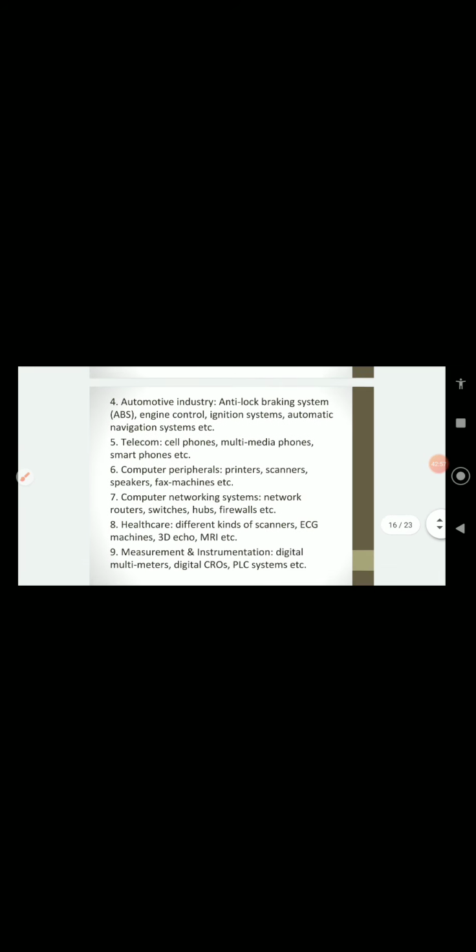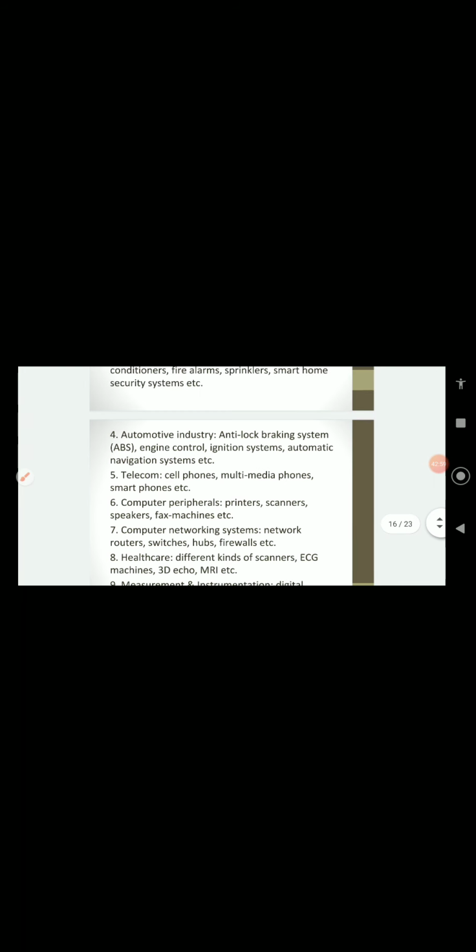Now the fourth one is the automotive industry. Many of you may have heard that the ABS, the anti-lock braking system, is deployed in your cars or vehicles. Also engine control, ignition system and automatic navigation systems.